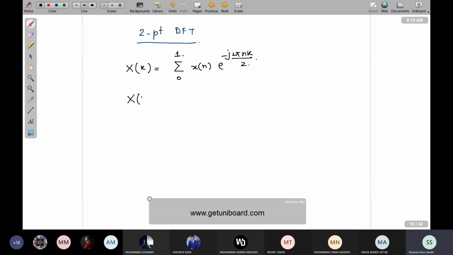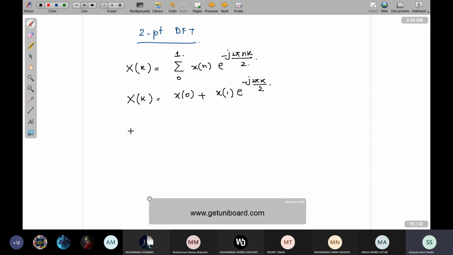Now x of k can be written in this form. I'm just opening up this summation. Exponential minus j 2 pi, for n is equal to 0, that term will be 1, so cancelled, plus x of 1 exponential minus j 2 pi k over 2.